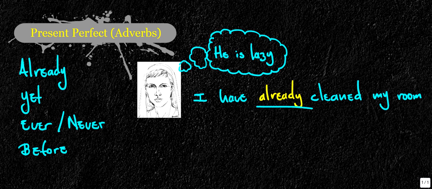Now, notice that if we eliminate the adverb and you say, "I have cleaned my room," the message is the same. You still transmit the information that you have cleaned your room, but you include already because you want to let her know that in contradiction to her expectations, you have done the action.